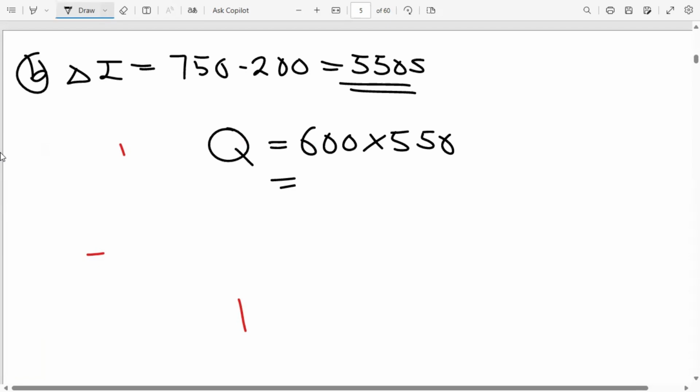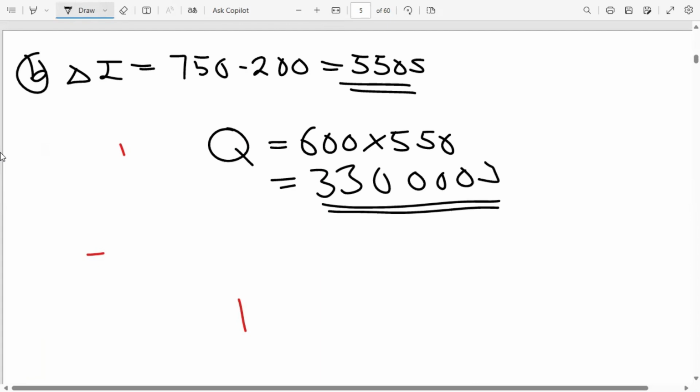This is giving me 330,000 joules. So this is the heat that is absorbed to convert our water from liquid water into gas or water vapor.